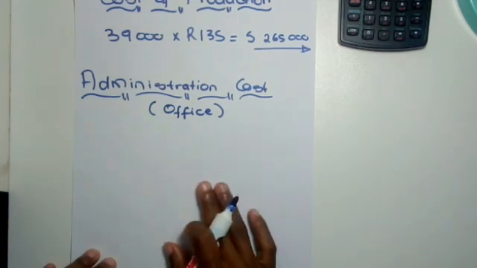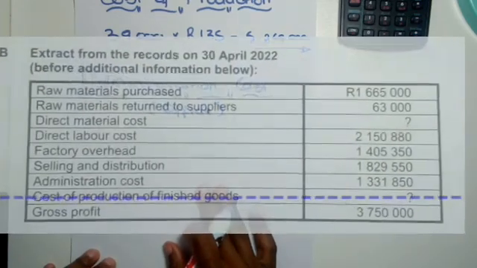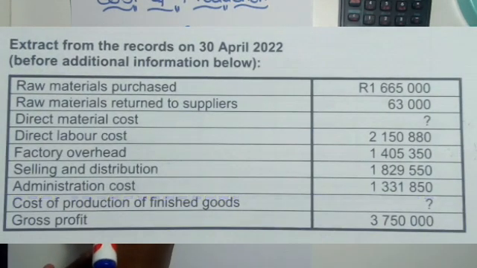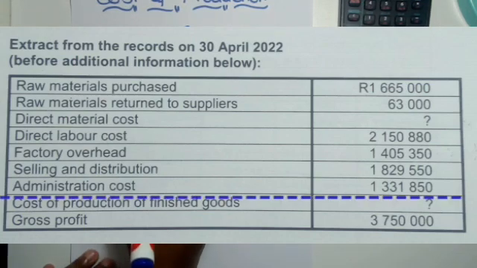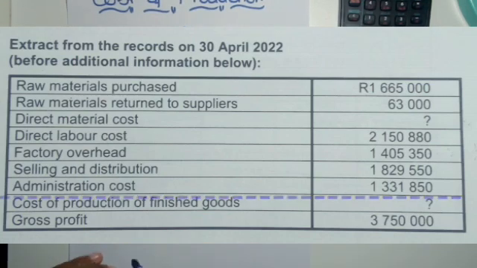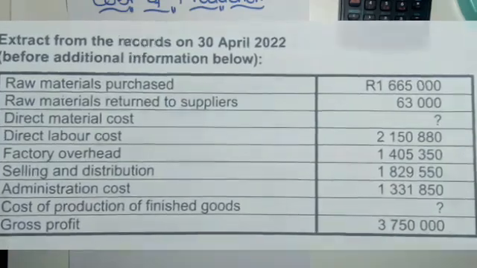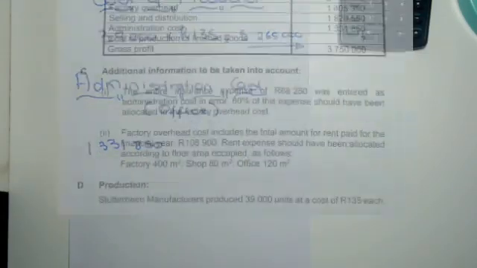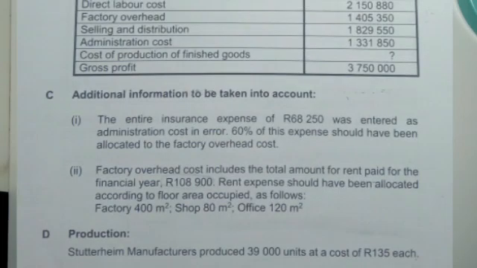In information B, our administration cost is given to us at 1,331,850, and we are going to use information C in order to adjust this amount. Roman figure 1 says the entire insurance expense of 68,250 was entered as administration cost in error. We know that we have already dealt with this.